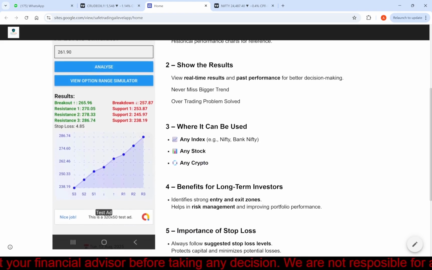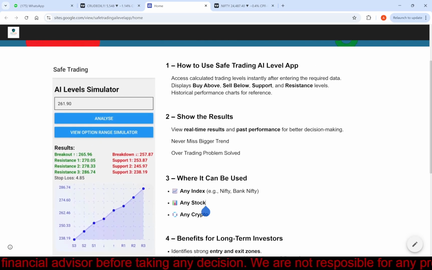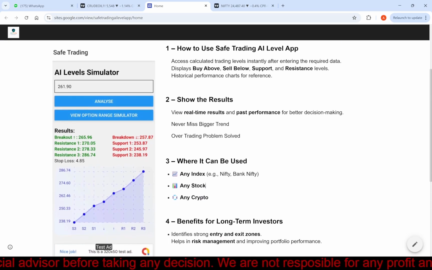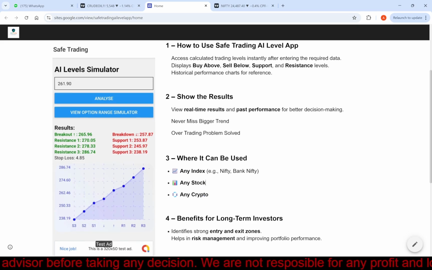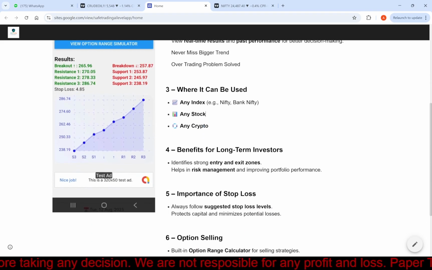Moreover, what is the extra feature we are planning here? We are planning to integrate the wicks as well, where it will give you the intraday ranges, right? So that you will get an idea, if it moves in your direction, where you should be booking the profit. So we are going to integrate wicks as well.